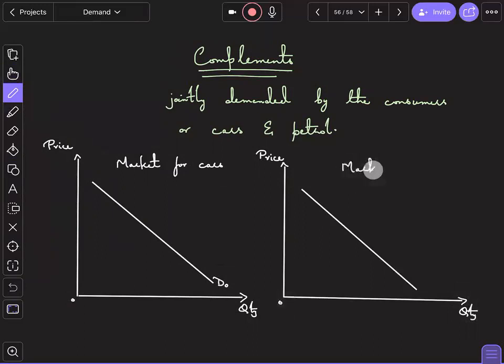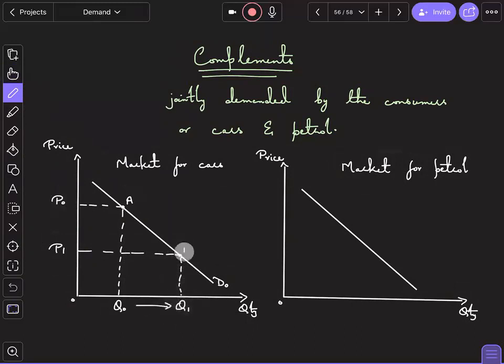So what will happen now, guys? Let's say this was the price of cars, P naught, and at P naught, Q naught quantity of cars were demanded by the consumers. If the price of cars goes down, then more cars will be demanded.